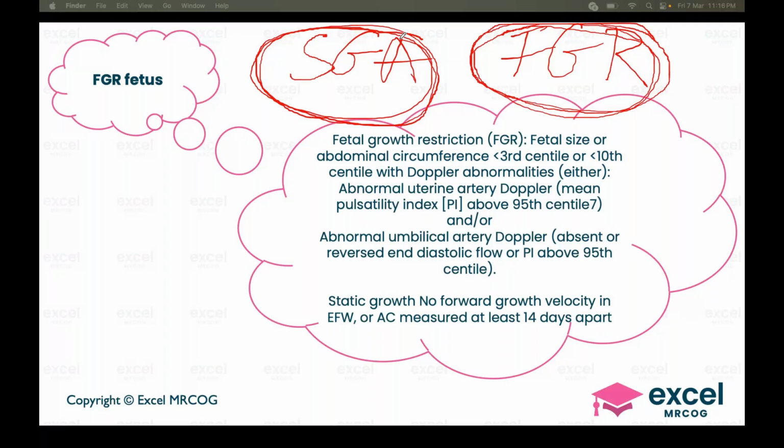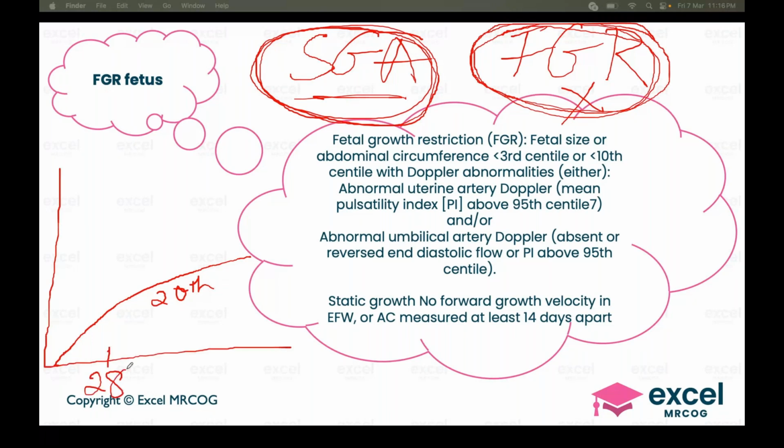That is why even if the baby is growing, say, on the, say, 20th centile, okay, then it is at the 20th centile on, say, at 28 weeks of gestation. Okay, then, or say 40th centile at 28th week of gestation.